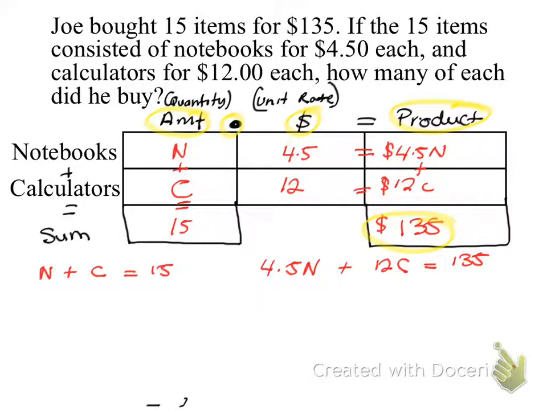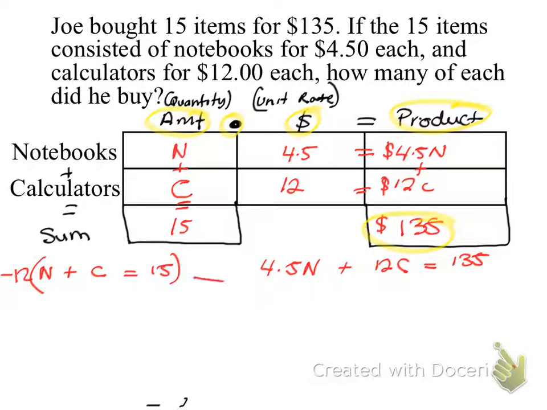Okay, what I hate more than anything, well, actually, I think I'll solve this with elimination. And so what would be the easiest term to eliminate? The 12c. Yeah, so I'm going to multiply this by negative 12.